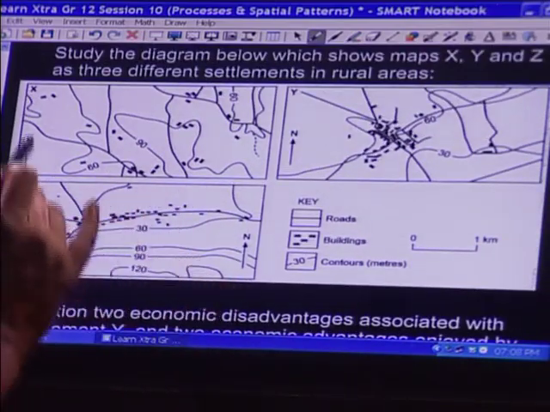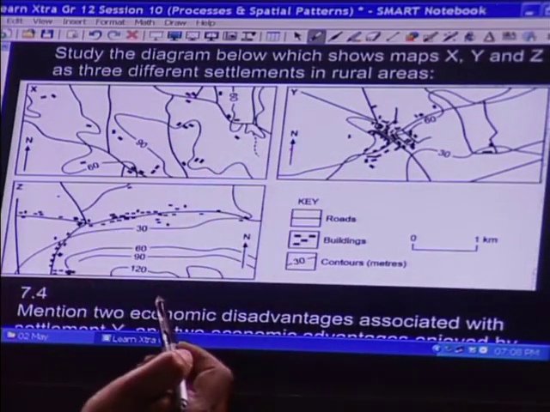When settlements are located randomly, services like water distribution and water points are located closest to these buildings. These are economic advantages of settlement X and economic disadvantages of settlement Y.